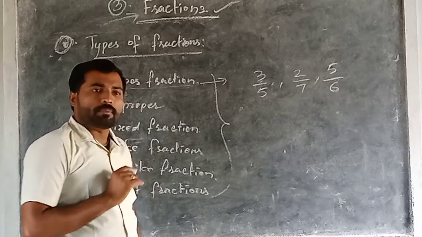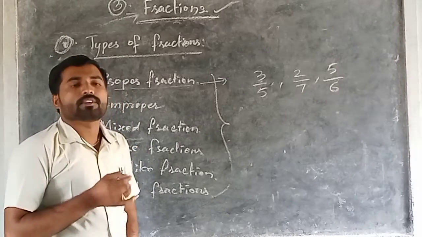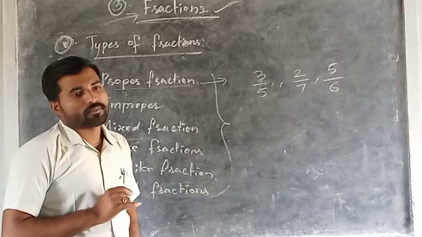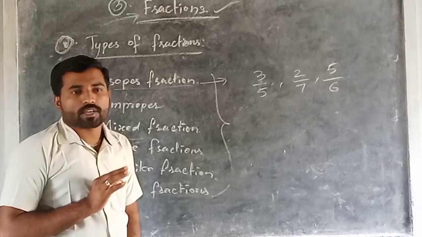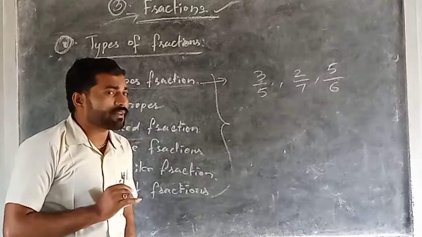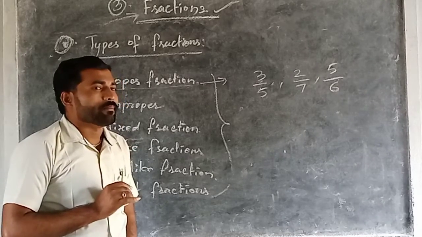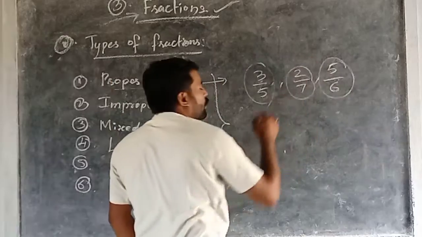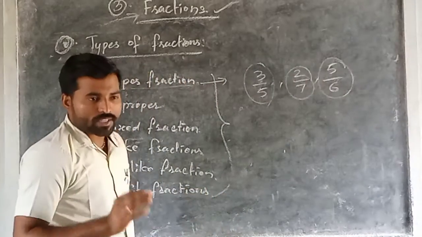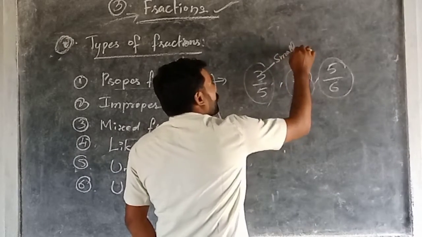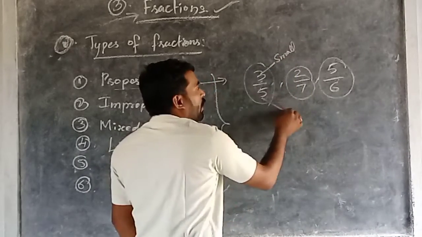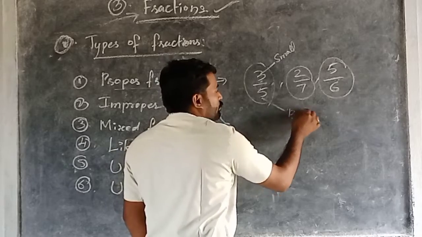I have written 3 by 5, 2 by 7, 5 by 6. These are said to be proper fractions. Why are those said to be proper fractions? Because if you look at these fractions, the numerator is small and the denominator is big.